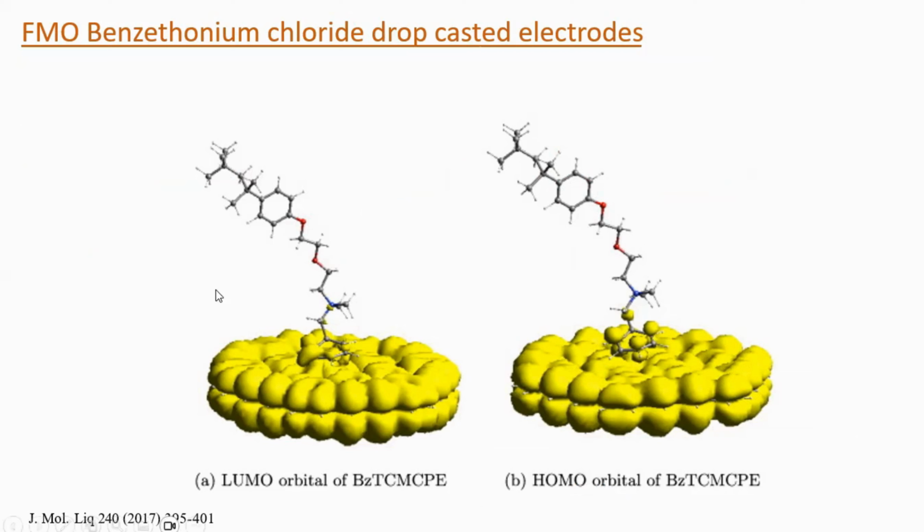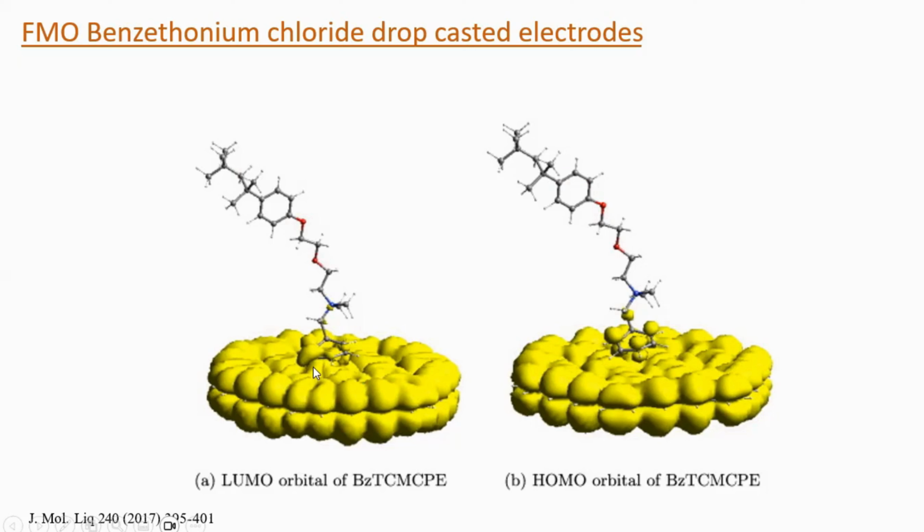Here you can see the LUMO orbitals of this surfactant, known as benzethonium chloride. That's why it is the benzethonium chloride modified carbon paste electrode. At the left side you can see the LUMO orbital of the benzethonium modified carbon paste electrode surface, and this is the HOMO orbital.